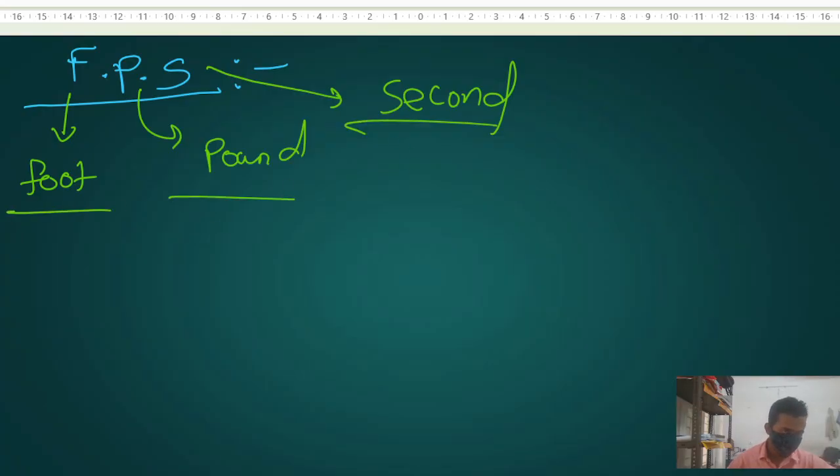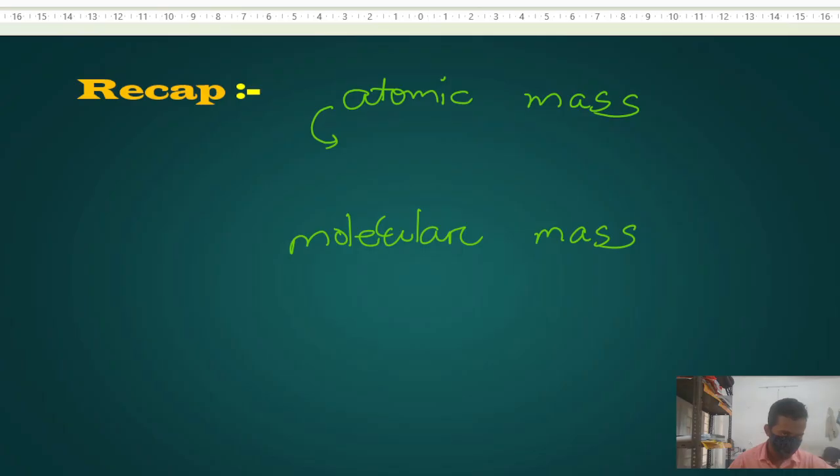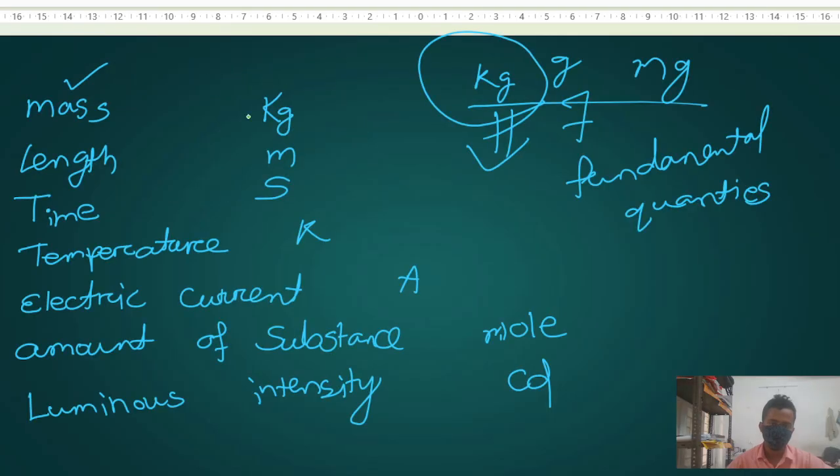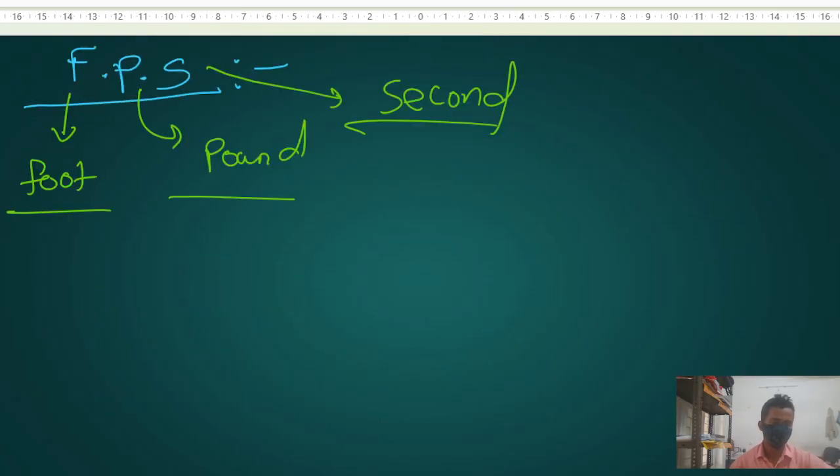Keep in mind one thing: in any unit system, we express only three fundamental quantities, mass, length, and time. These first three fundamental quantities are expressed in every system. We use foot for measuring length.